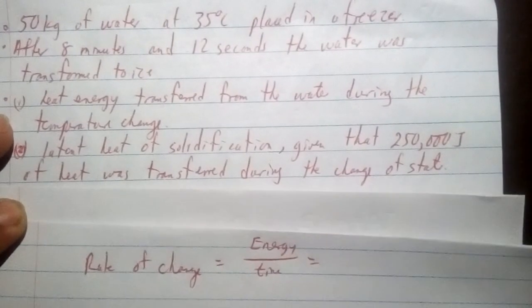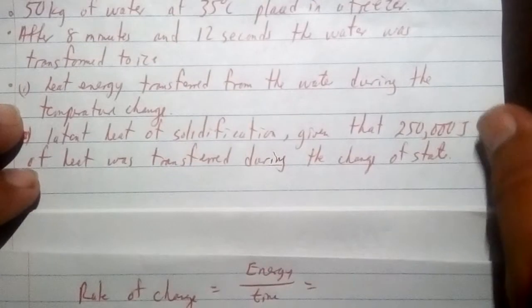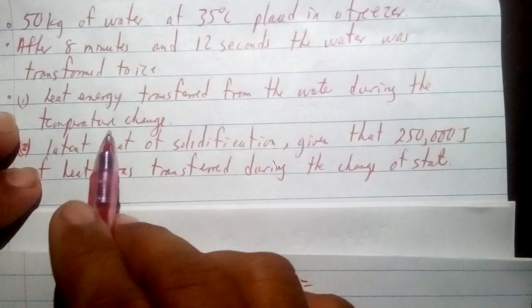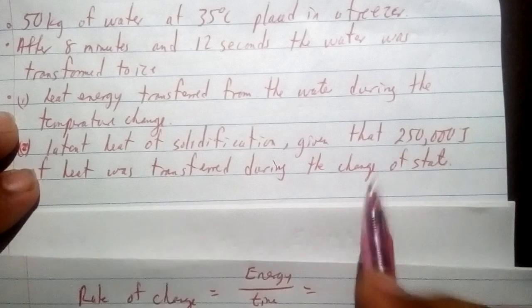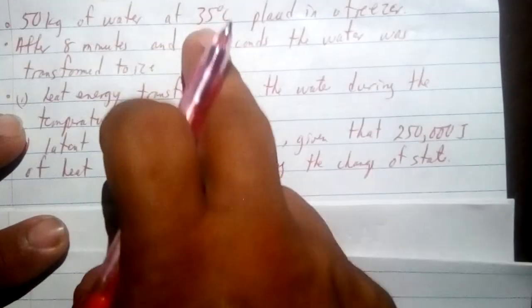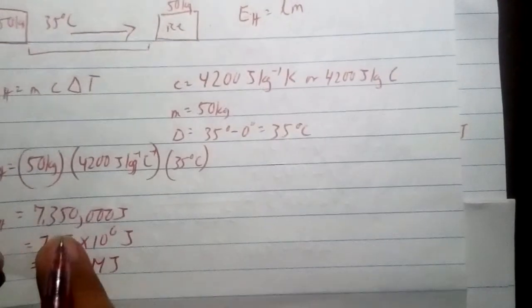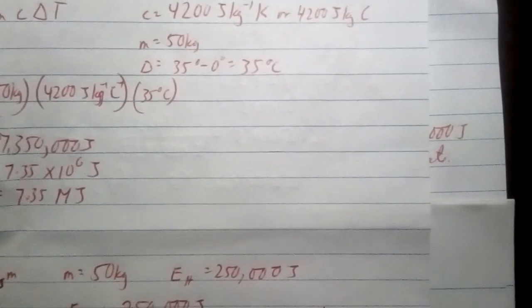So what was the amount of energy used? The water was transformed to ice. Well, it took an amount of heat energy for it to be changing temperature, and an amount of heat energy for it to change state. So we take the energy for it to come from 35 to 0 degrees Celsius, and that value was 7,350,000 joules.